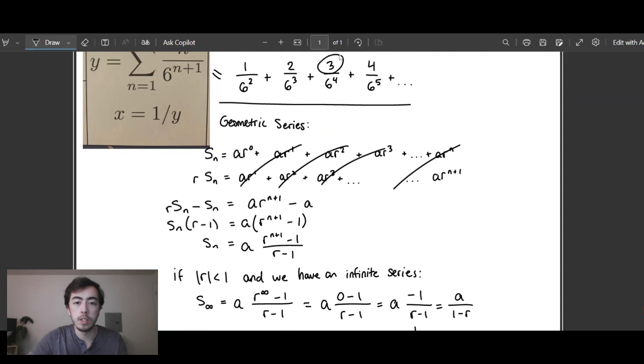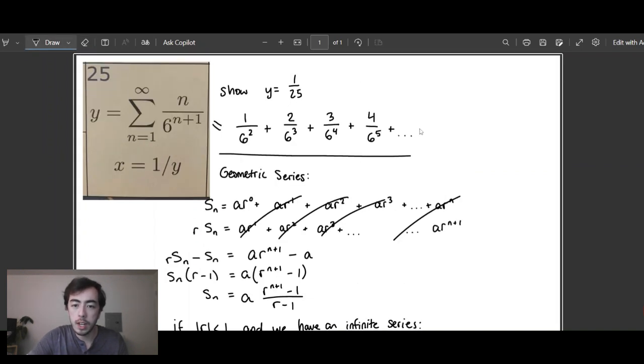But over here, this 3 is 1 less than the exponent there. So it might be useful to take this sum and actually set it equal to, let's see, maybe if I take out a 6 squared from everything, then I'm going to get 1 over 1 plus 2 over 6 to the 1 plus 3 over 6 squared plus, and then so on and so forth.